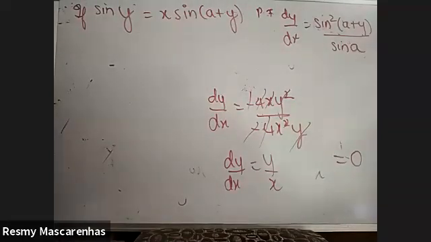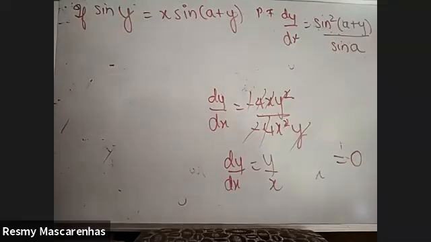Okay, if sine of y is equal to x into sine of a plus y, prove that dy by dx is equal to sine square a plus y upon sine a.